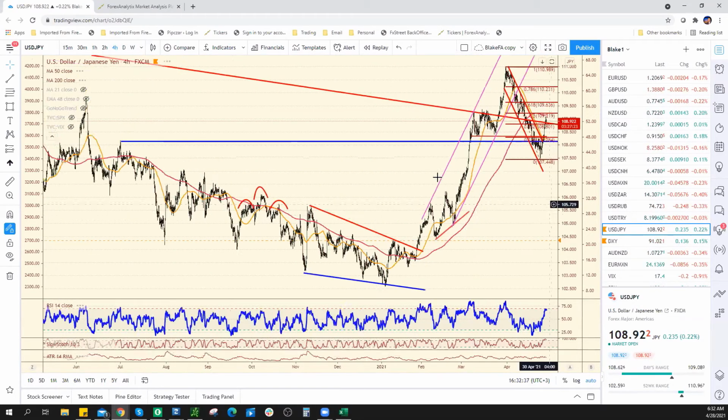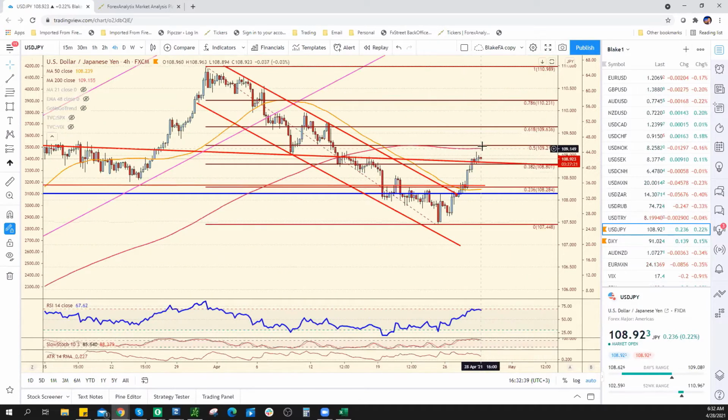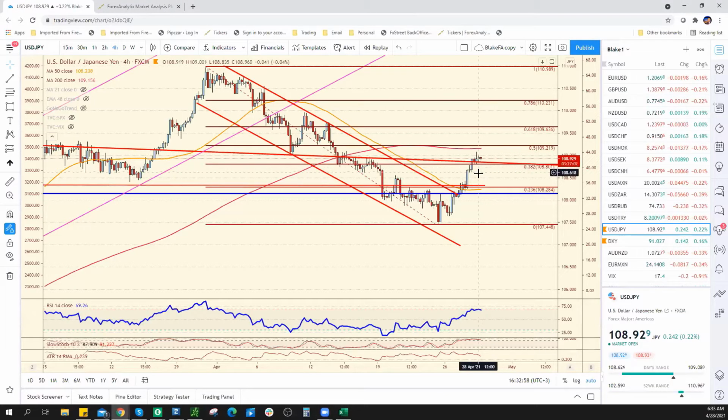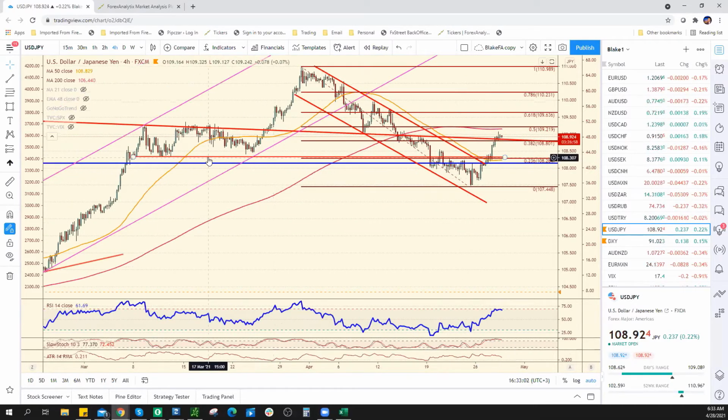I do think this 50% retracement at 109.20 should cap any rally, and that's what I wrote last night. We got above 109 and couldn't sustain, but I think that's going to be significant today. Support on dips will probably be back at 108.35 again.